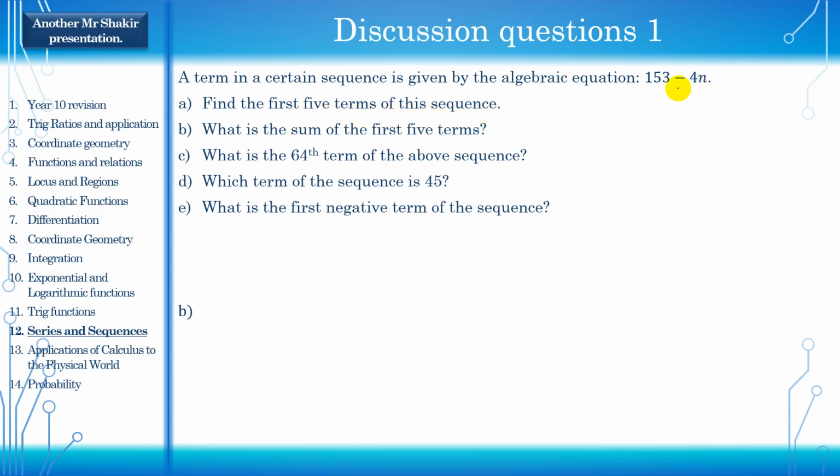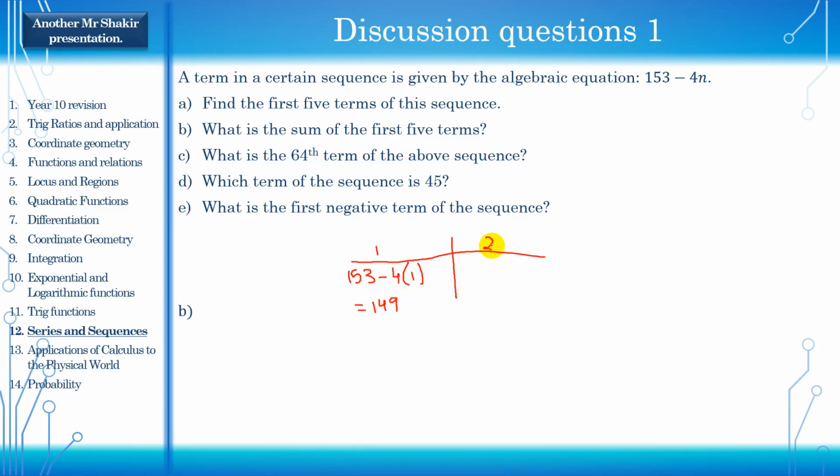Well, what we're going to do, if I can get my pen working. Alright, so for the first term, we're going to substitute. Let's sub in each one by one. 153 minus 4 times 1, and clearly we can see that's 149.